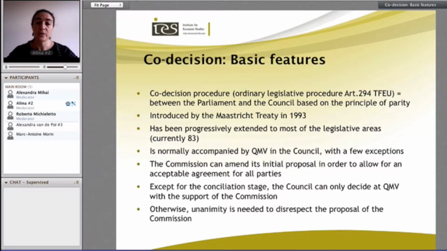And with the co-decision procedure, that's not the case, because here we have a qualified majority vote, and in the past we've had certain areas that were still subject to a unanimity vote. For instance, the area of social security. But that was also abolished by the entry into force of the Treaty of Lisbon.